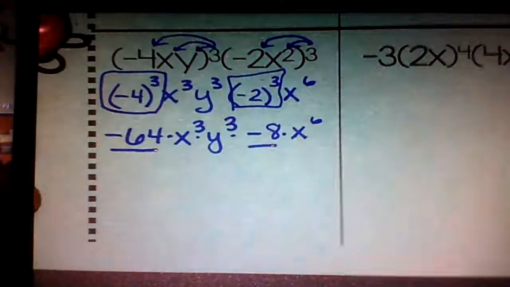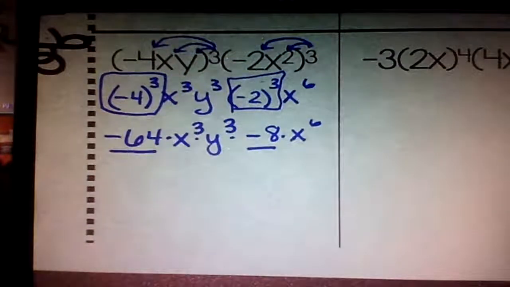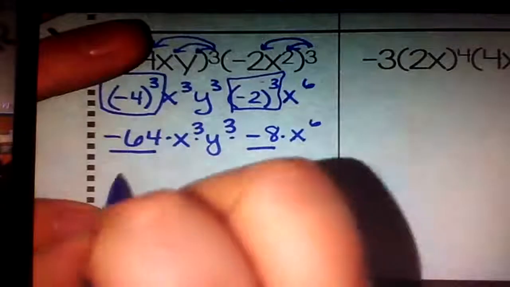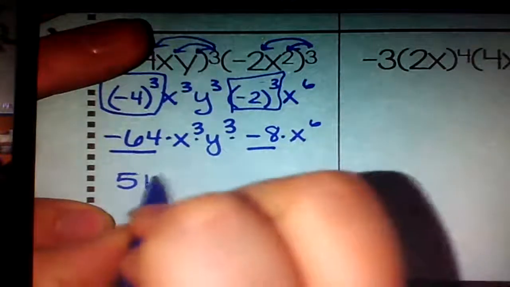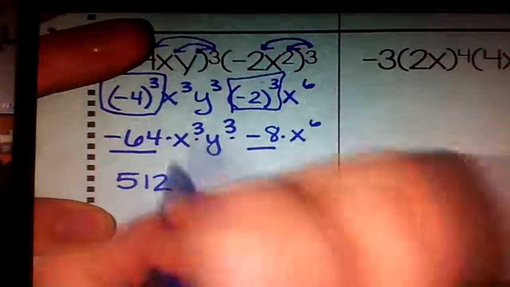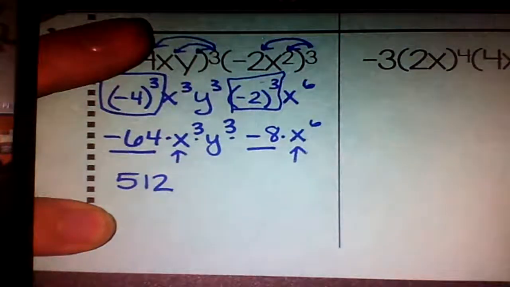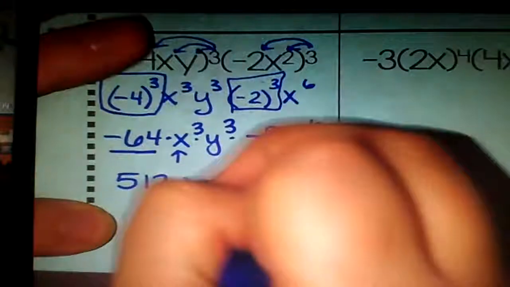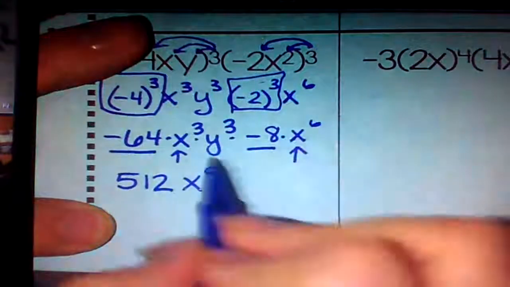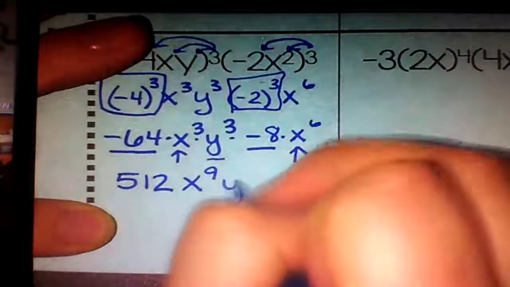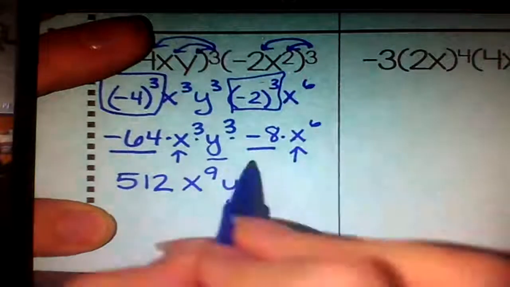What does that give me? Negative 2 to the third is negative 8. It's 512. Okay, what do I get when I take x to the third times x to the sixth? x to the ninth. And there's nothing to do with the y, so it just drops down and stays y to the third.